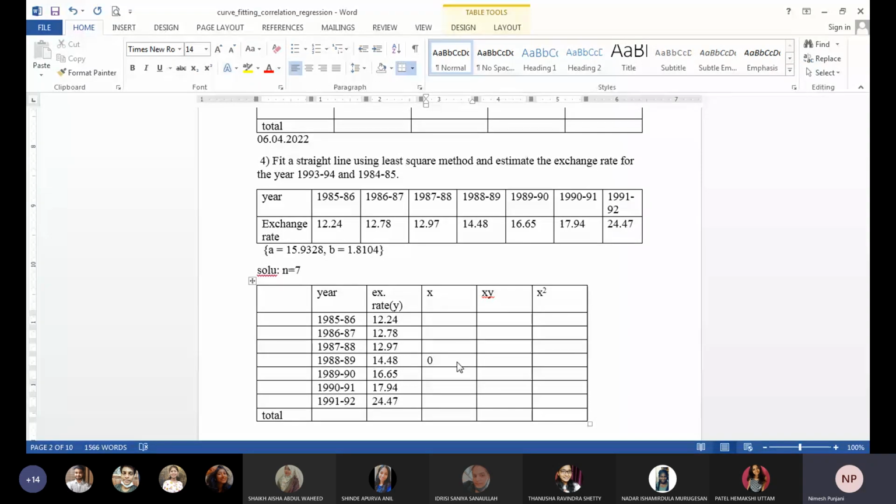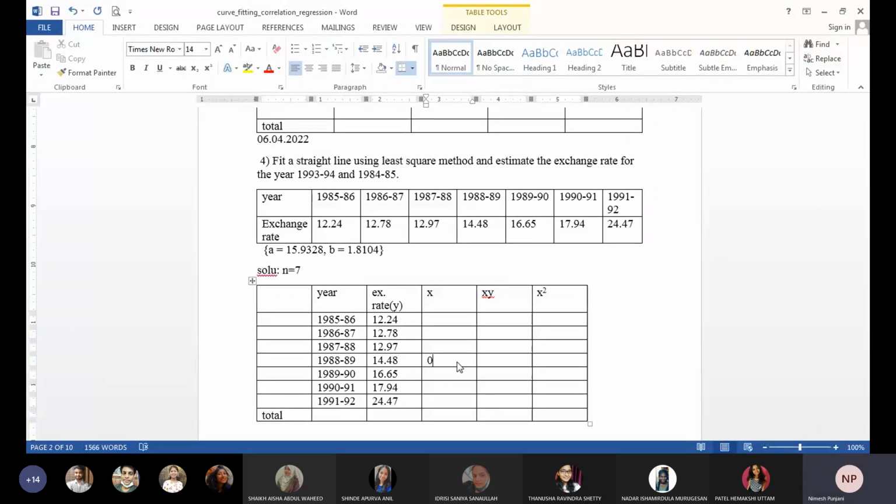Again I repeat, if n is odd, तो n plus 1 divided by 2 जो observation मिलेगा, for that you have to take the value of x as 0. Okay, is this clear?